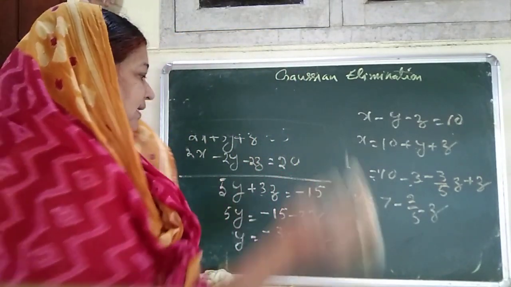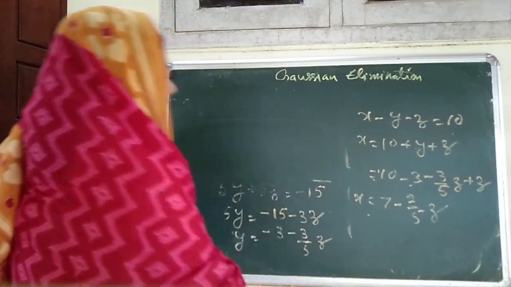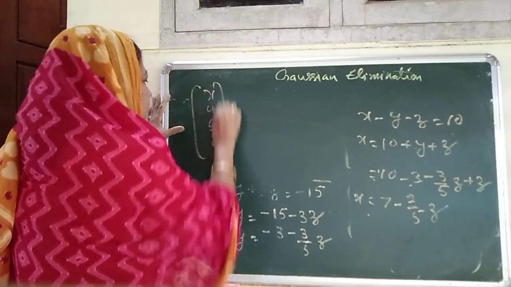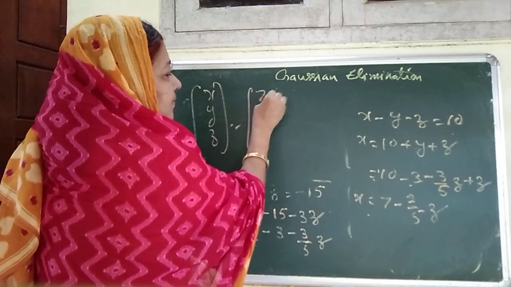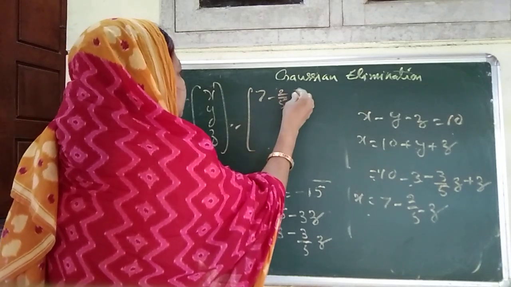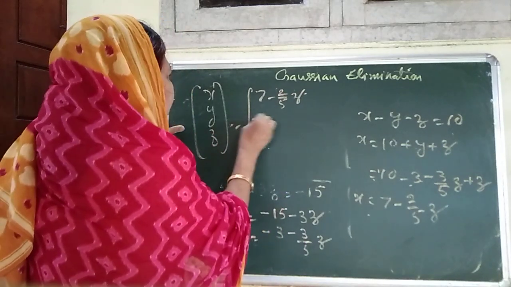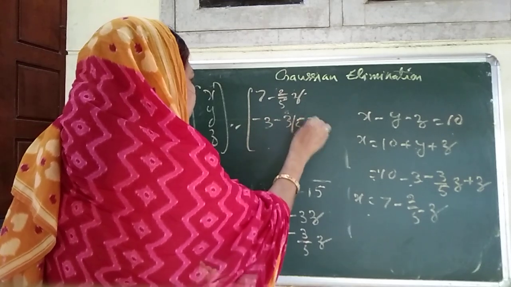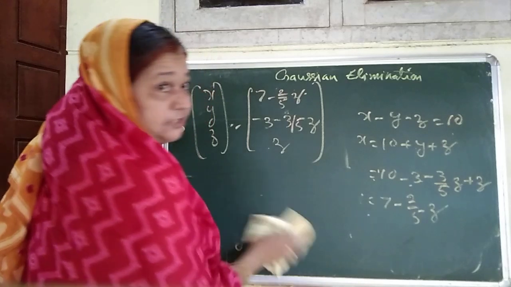So we express this as x, y, z: x is 7 minus 2 by 5 into z, then y equal to minus 3 by 5 into z, and z. Put z equal to t.